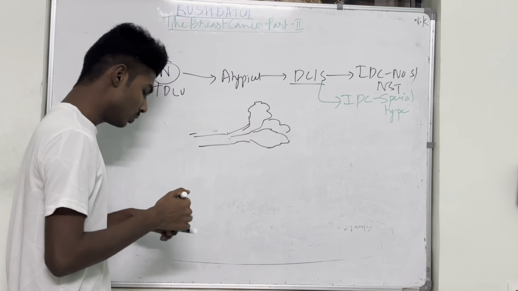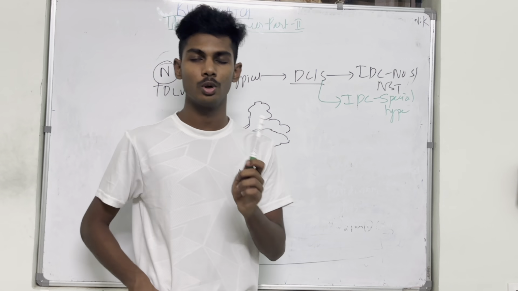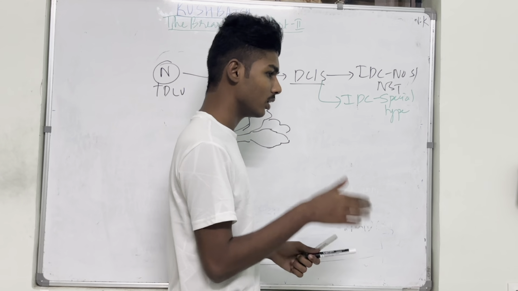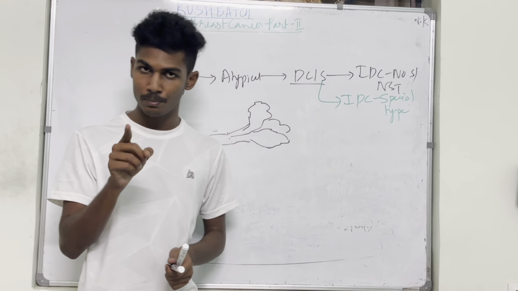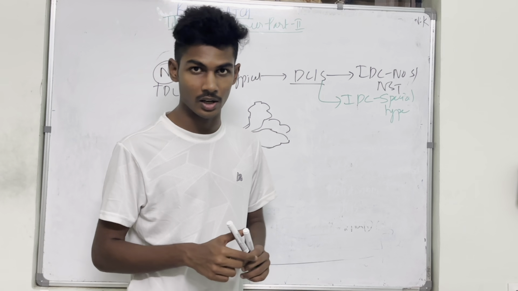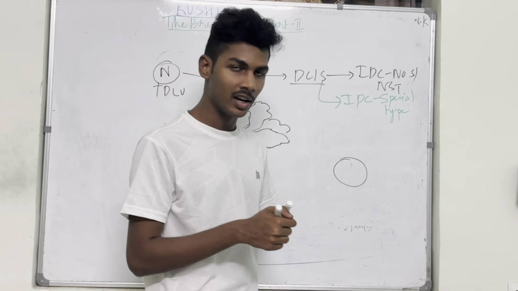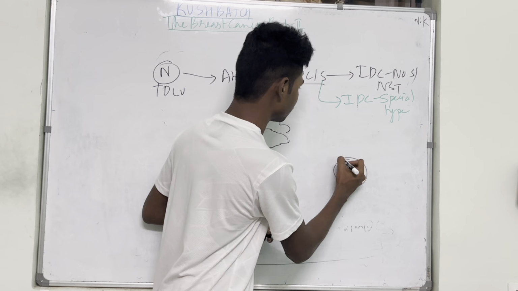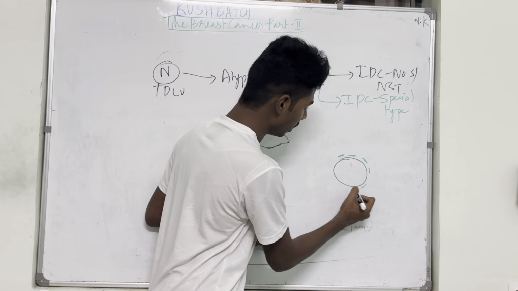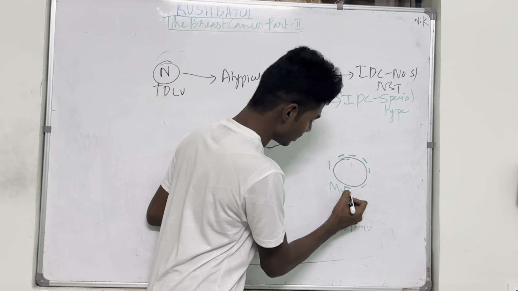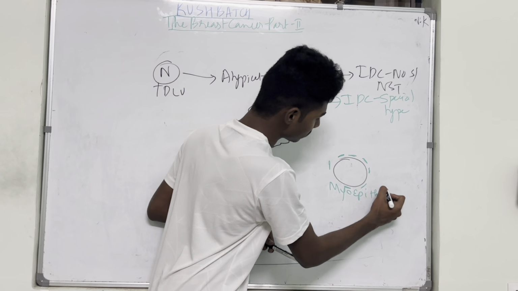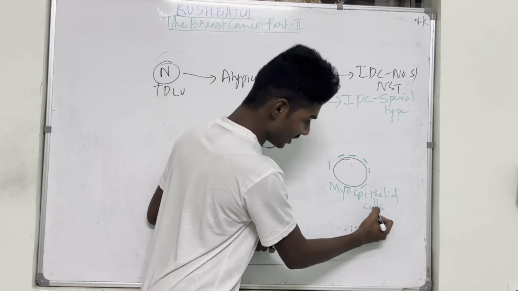Fine. So now these are the terminal duct lobular units. I forgot to say one point yesterday. You say that every cancer metastasizes by breaching the basement membrane. But in breast and prostate only, if this is the duct, surrounding the duct there are some cells called myoepithelial cells. What are these called? Myoepithelial cells.